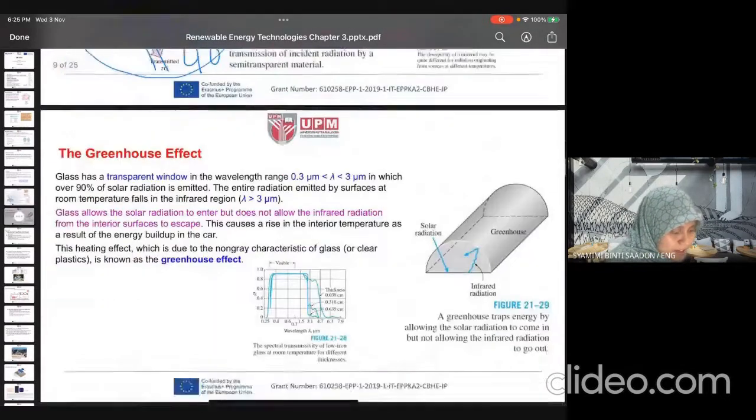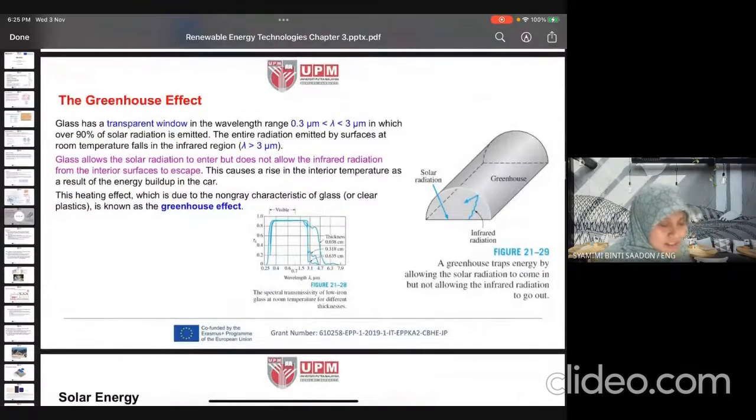Next, the greenhouse effect. If you talk about environmental impact, environmental saving, people mention a lot about the greenhouse effect, but what actually is the greenhouse effect? Glass is a transparent window, and over 90% of solar radiation is transmitted. Glass allows the solar radiation to enter but does not allow the infrared radiation from the interior surface to escape.